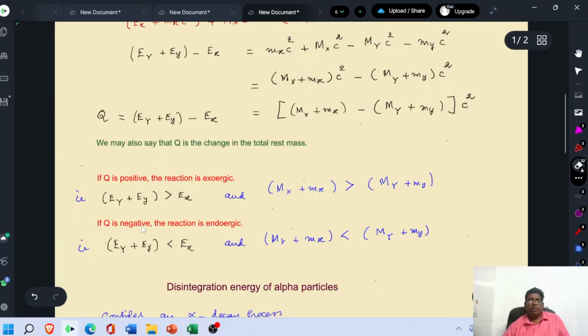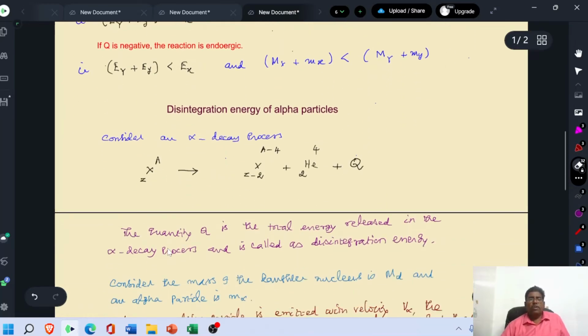If Q is negative, then EY plus Ey should be lesser than Ex and the quantity MX plus Mx should be lesser than MY plus My.